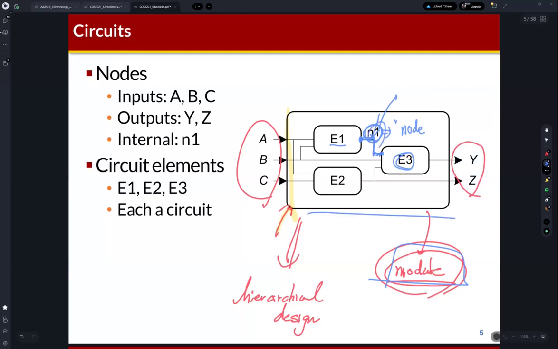So this node is called an internal node. Okay, so this is the definition of a circuit. We can combine smaller modules or circuits to build larger circuits. To build a larger circuit, we just connect the output port and input port of two different modules.